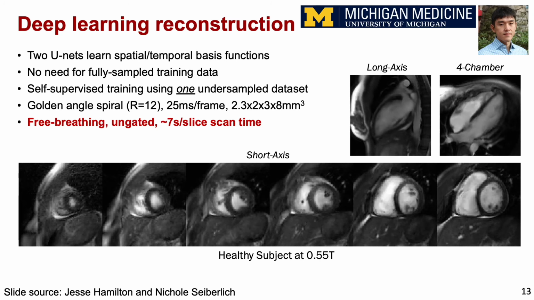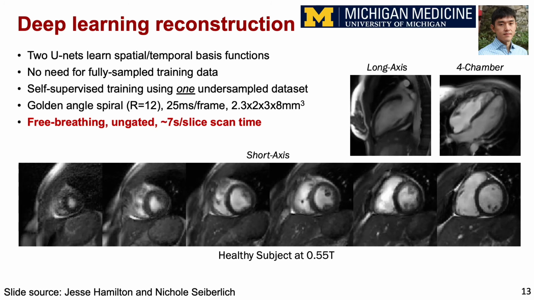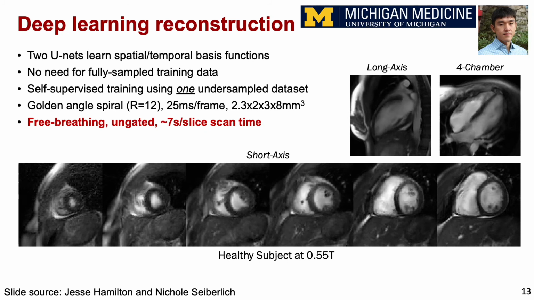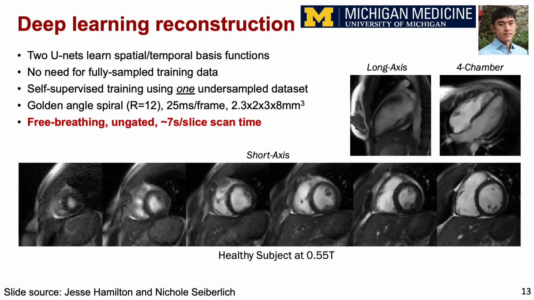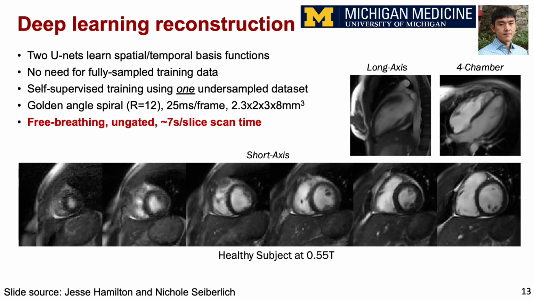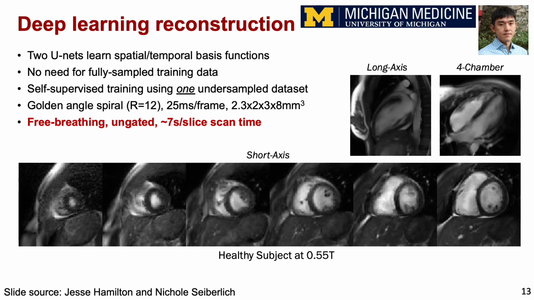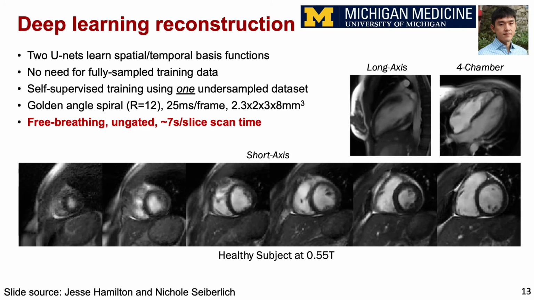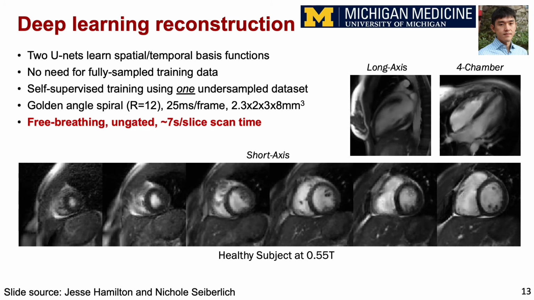The amazing part of this study is that there's no need for fully sampled training data, and the training can be done with only one undersampled data set. The example shown here is a result of collecting only 7 seconds of data per slice.